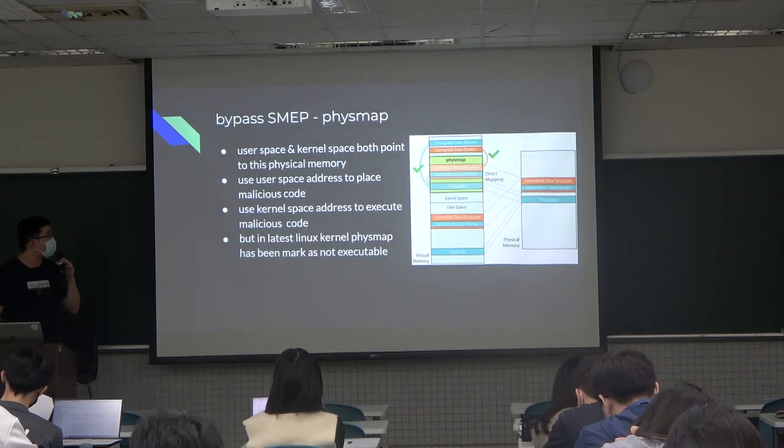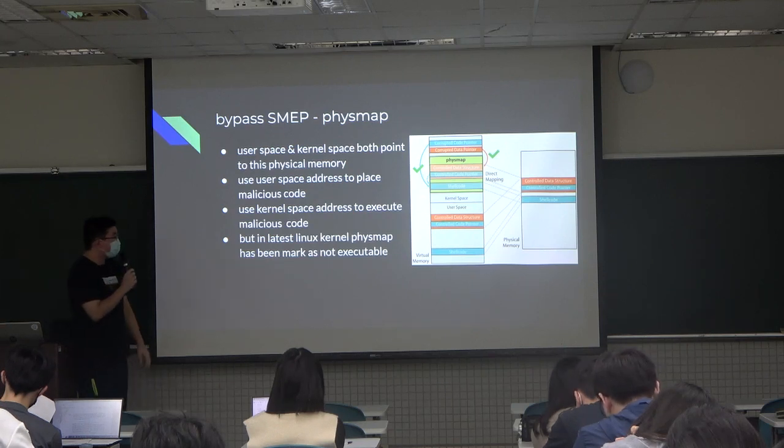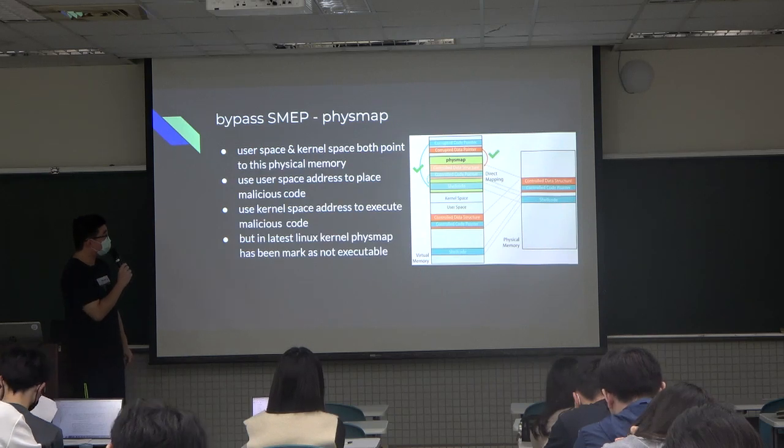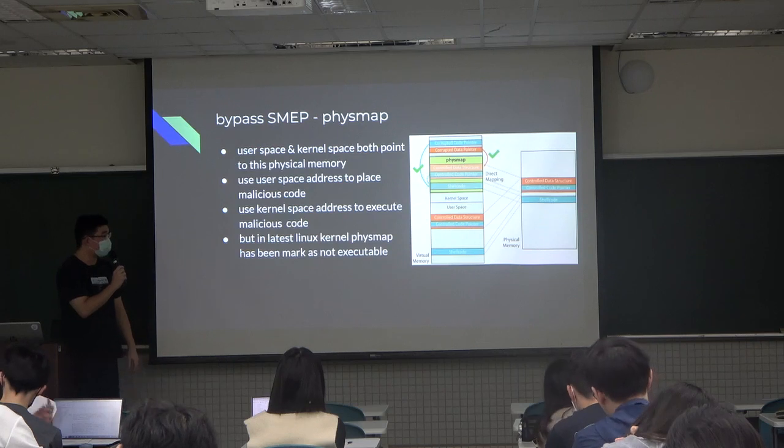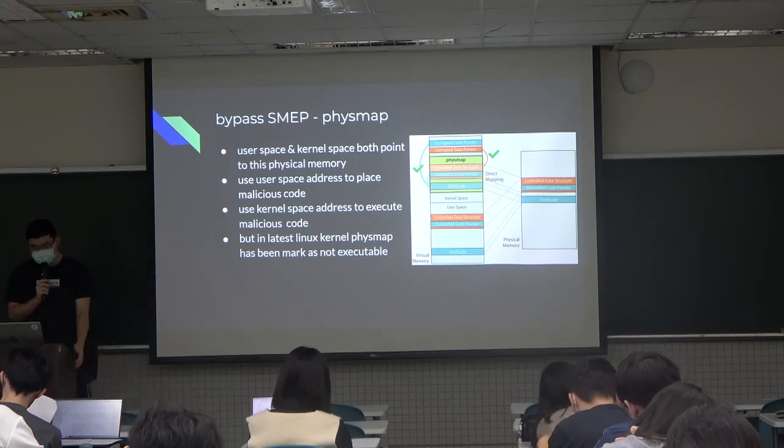So how can we bypass this SMEP mechanism? We can use the physmap in kernel space. This area is very special because you can see in the image, our physmap is located in our kernel space, and it directly maps to the physical memory in our machine.